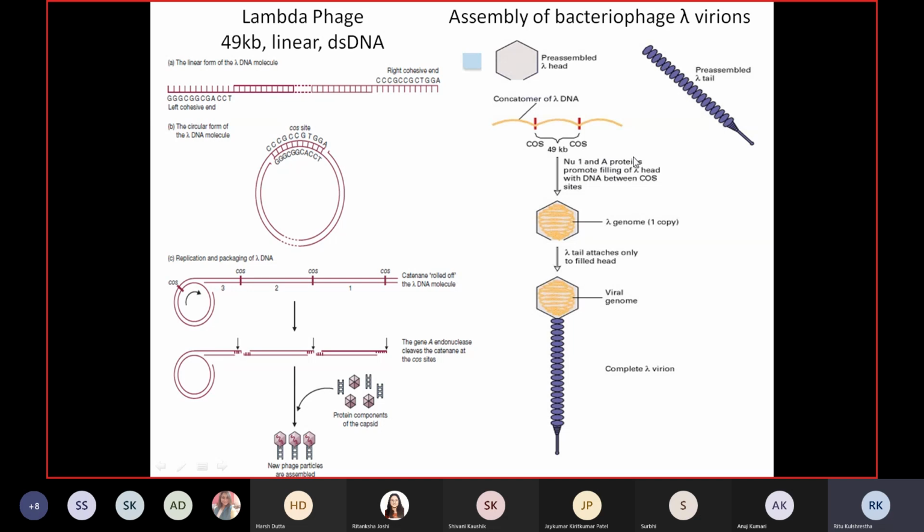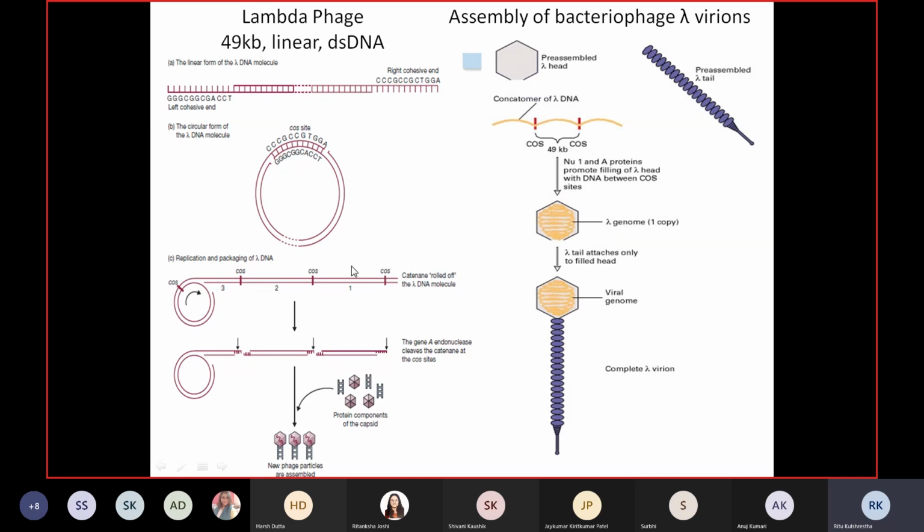These A and Nu1 proteins are part of the terminase complex, and their job is to recognize the COS sites. Only when they recognize the COS sites is the DNA released as a single unit, and when this DNA is released, it gets incorporated into the pre-assembled lambda heads.